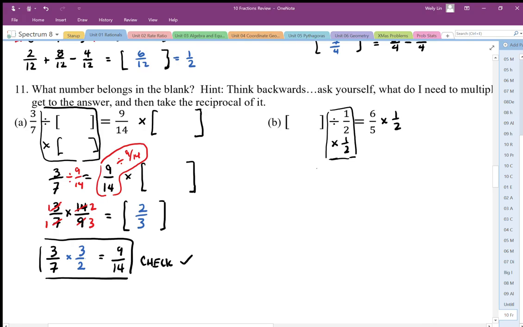So all I'm left with is this unknown fraction on this side, and we have some common factors that we can simplify out here. I have a common factor of 2, so I'm going to divide by 2, and then I'm going to be left with 2 times 1 on top and 5 times 1 on bottom. So that's going to be my final calculation here. That's equal to that.